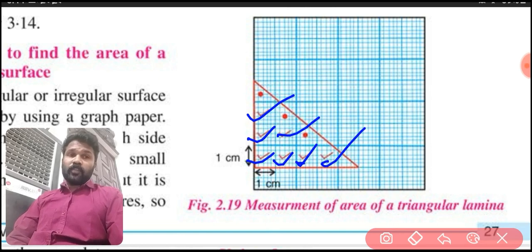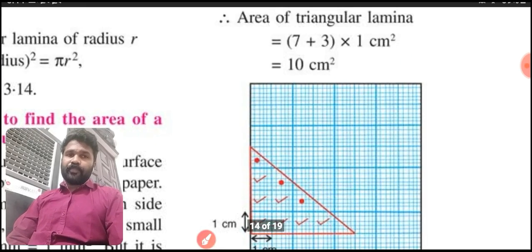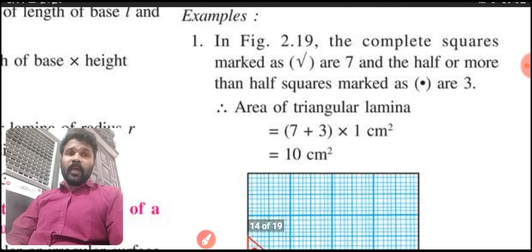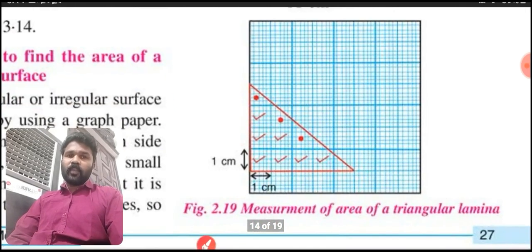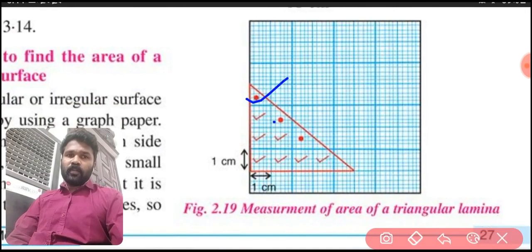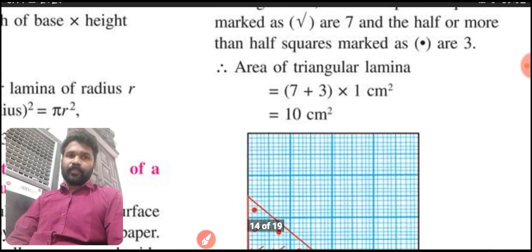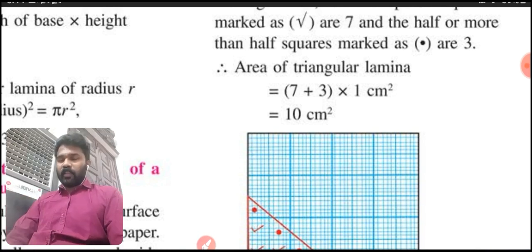So there are 7 complete squares. The half or more than half squares are marked as dots. How many dots are there? 1, 2 and 3. Okay, students, 3 dots are there, so there are 3 half or more than half squares.